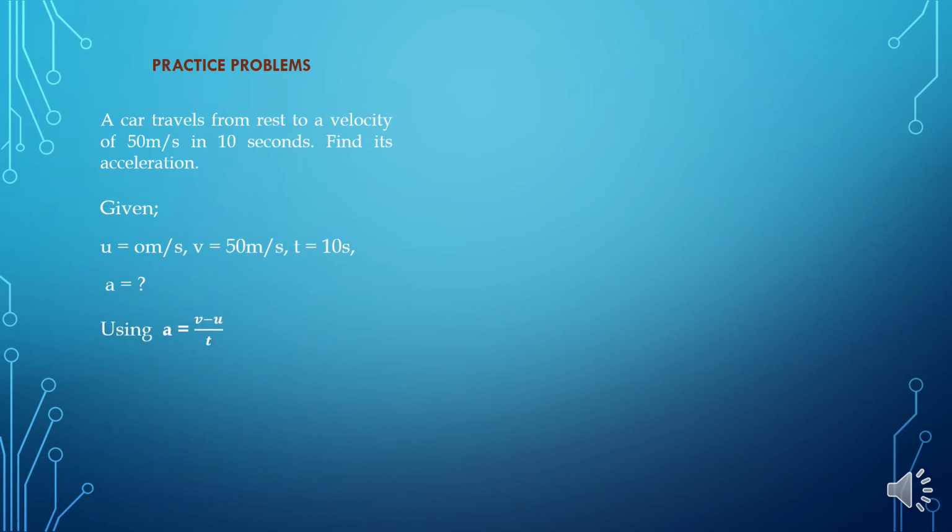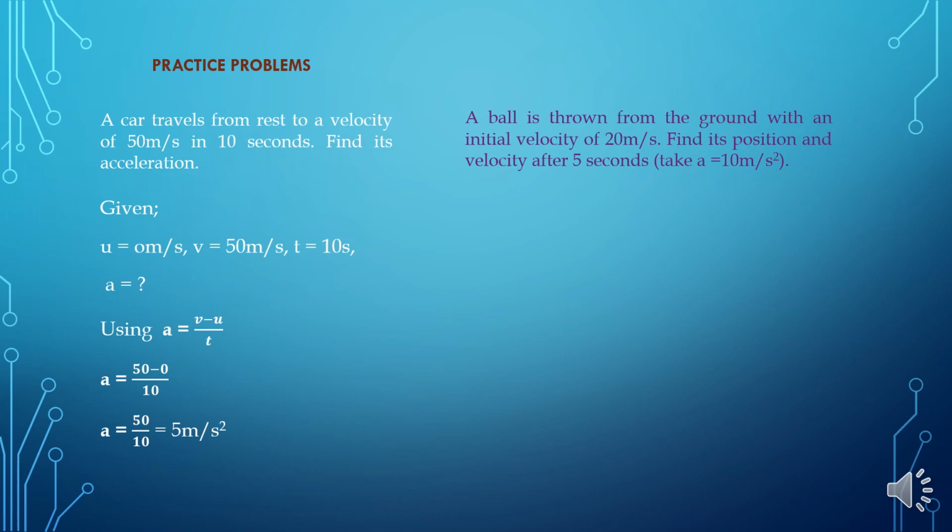So we apply the mathematical definition for linear acceleration, which says that a equals v minus u over t. Substituting the given values, you have 50 minus 0 over 10, and that gives us 50 over 10, which leaves us with 5 meters per second squared. Okay, over to the next example.